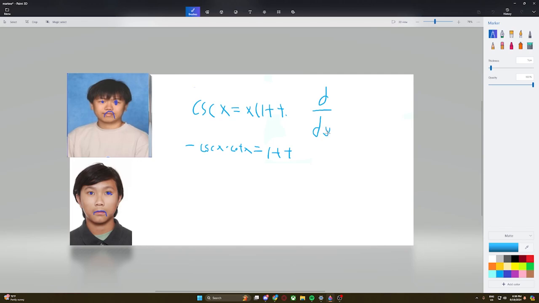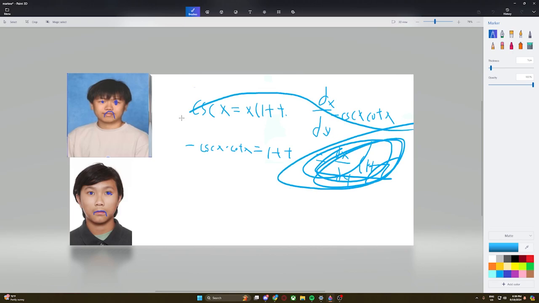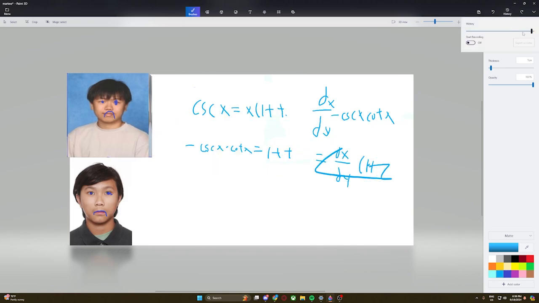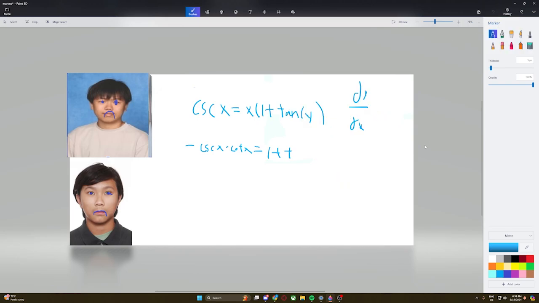Yeah, if it was dy/dx, it would be negative CSC x cot x equals d over dx, the dx over dy, 1 plus blah blah blah, you know all that. You get the point, I think. Now to related rates.